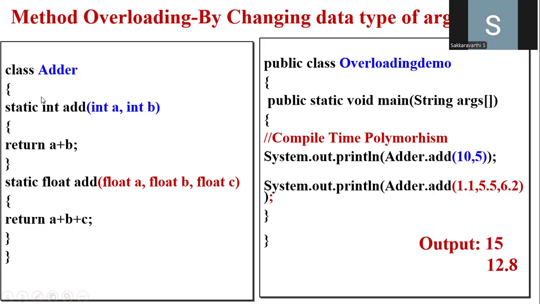For example, if I am not using the static keyword here, I have to invoke the add method after creating the object of the Adder class. So we have to add the code, that is, Adder object equal to new Adder. Then using the object, we can call the method add. In this case, I am using the static method, so there is no need to create the object for the Adder class. Instead, by using the class name itself, we can invoke the method add.